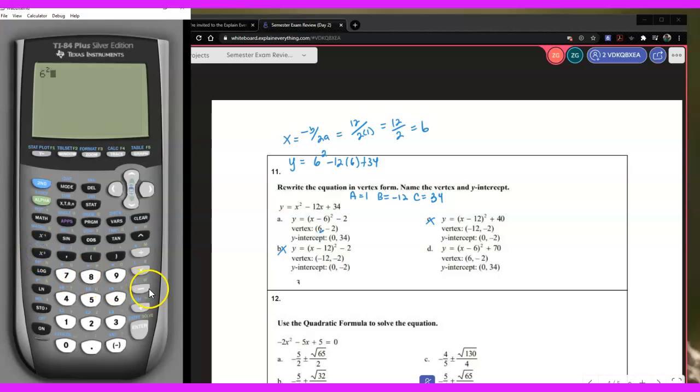Six squared minus 12 times 6 plus 34. And I get negative 2. So what is the vertex? 6, negative 2.